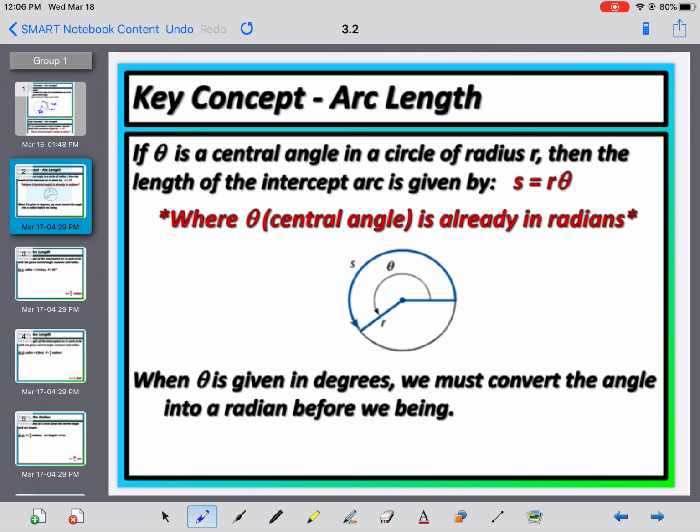The arc length equals the radius times our central angle, R times theta. Now in order to use this formula, our theta has to be in radians. If it's not in radians, you want to convert that angle before you do your problem.